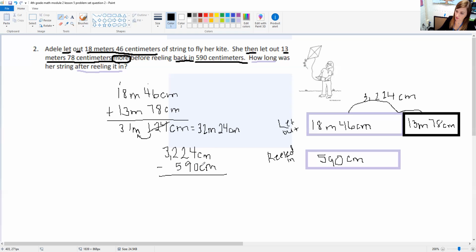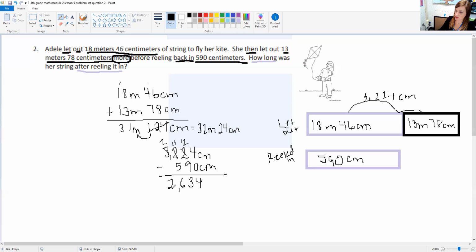And then I'd say 4 minus 0 is 4. Can't take 9 from 2, got to change it to 12. Change this to 1. 12 minus 9 is 3. Change this to 11. 2. 11 minus 5 is 6. Bring down my comma.